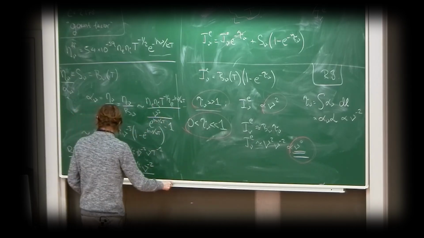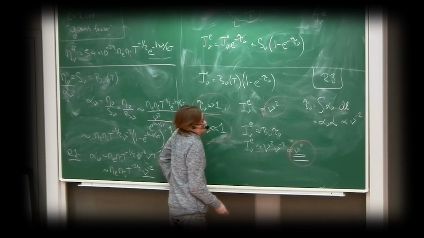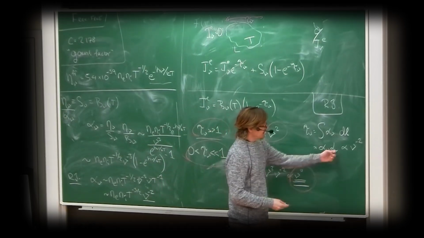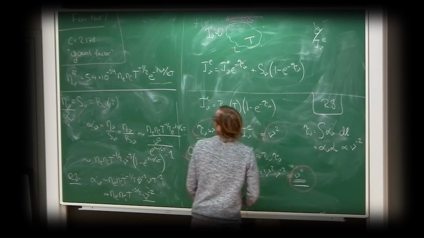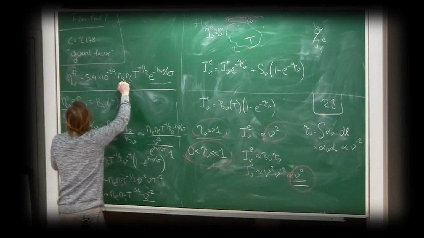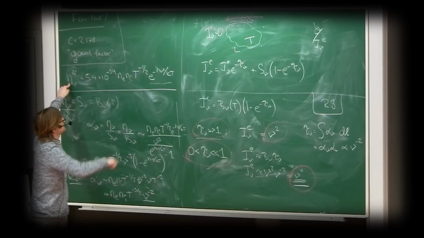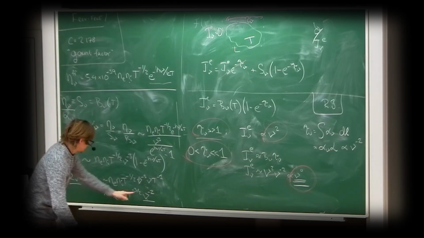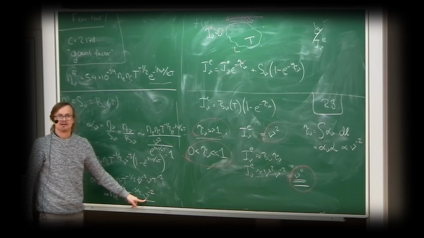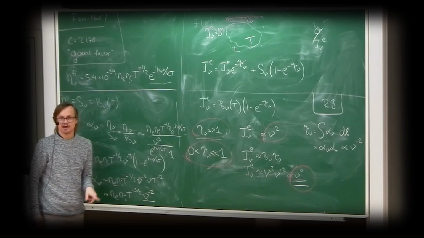Now, in practice, what does this mean? When does this happen? For a given slab, L doesn't change, and we said that these are constant. So what changes the optical depth? Well, it's just the frequency. This goes with 1 over nu squared.